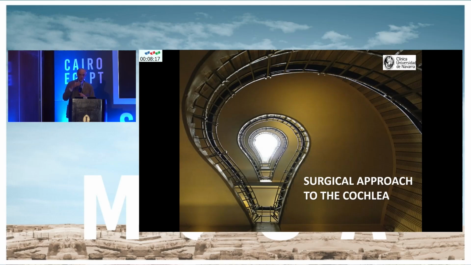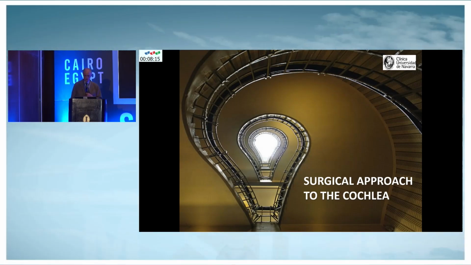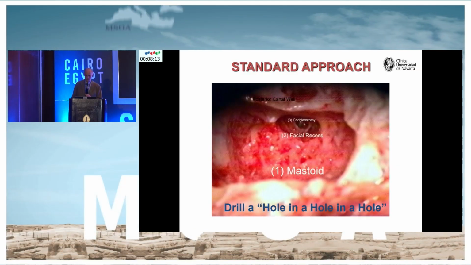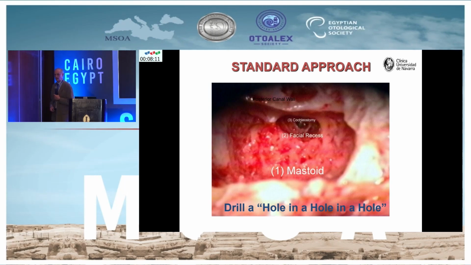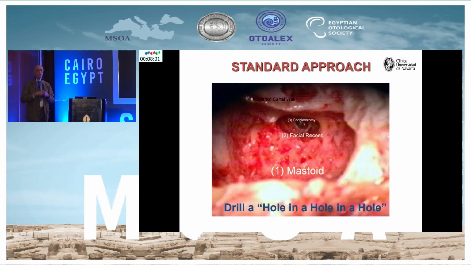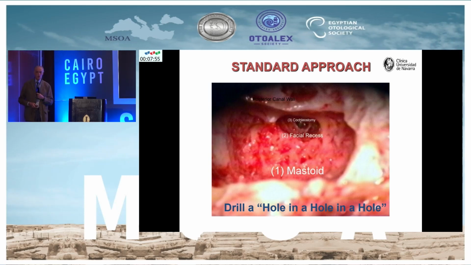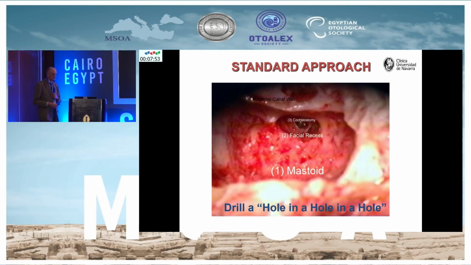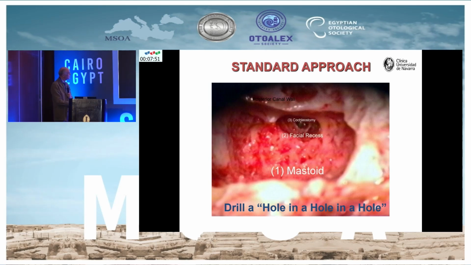Well, we are going to address our attention to the surgical approach to the cochlea, and as you know, the standard way is to drill a hole, a hole, a hole. So we are drilling first a hole in the mastoid, the second hole in the facial recess approach, and the third to open the cochlea at the level of the cochleostomy.